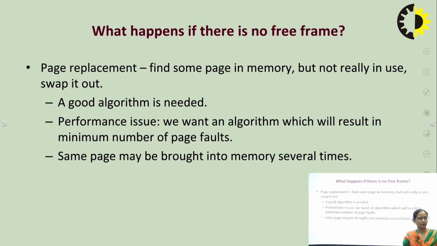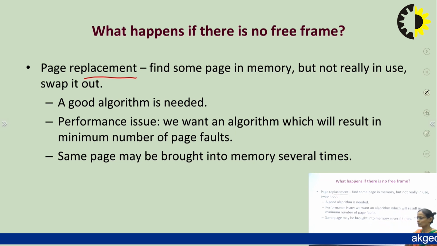So now the question comes, what happens if there is no free frame available? Then in that case, we need to free space in the main memory. For this, we need page replacement algorithms.